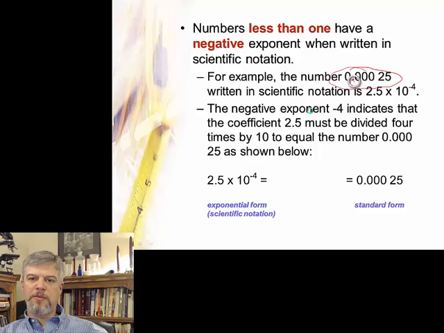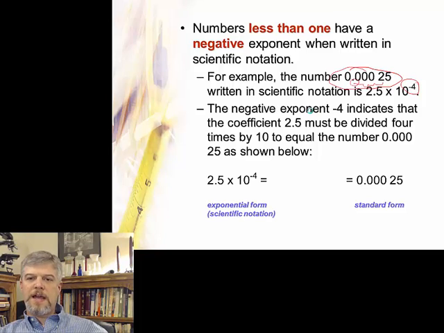So this time we're going to have to move it to the right, not to the left. So we're going to go this way. Now I just moved 4 places toward the right to get to a number 2.5, which is between 1 and 10. But because I moved it to the right, the exponent now is negative.